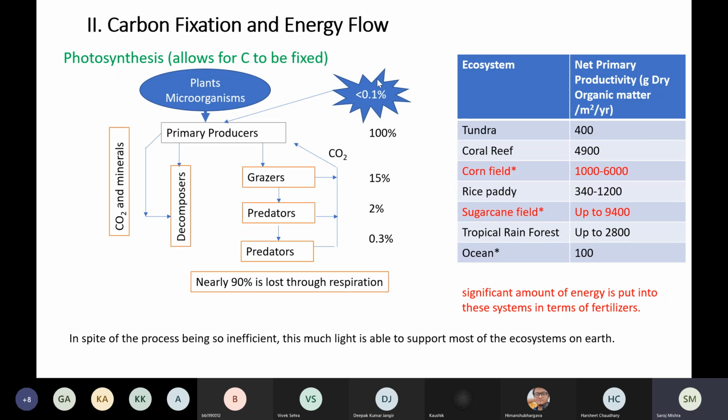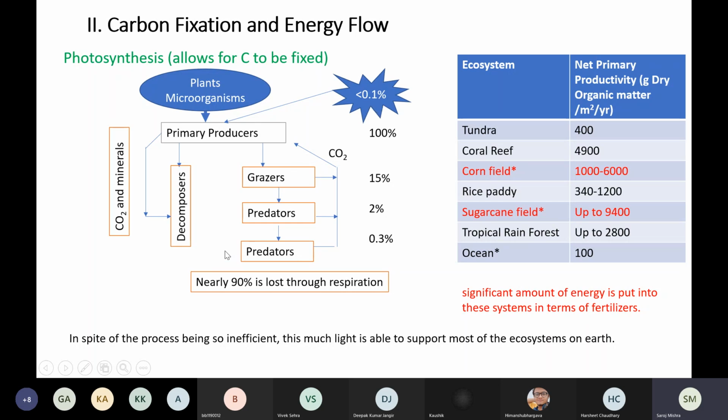You can calculate it in terms of the quanta of light energy which falls on the surface, how much energy a quantum of light has, and you can compute how much energy we are able to assimilate. Very, very small part is assimilated.